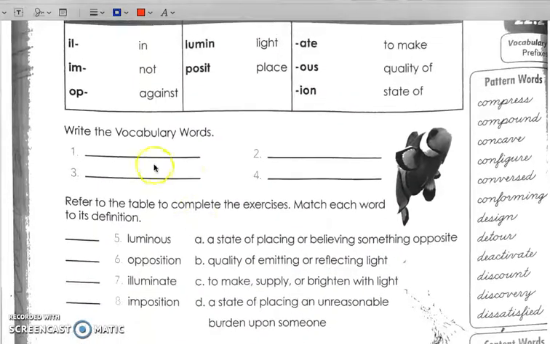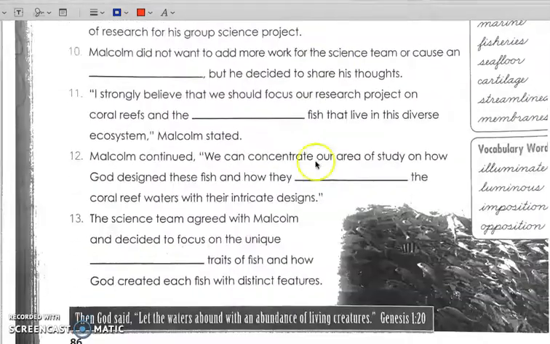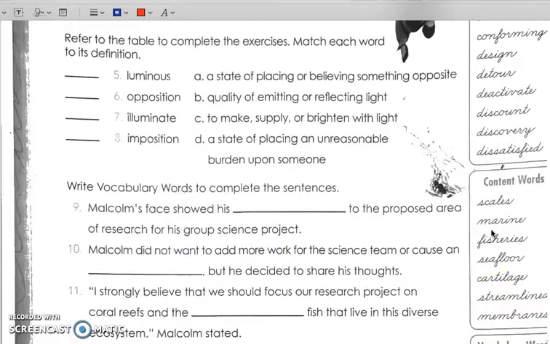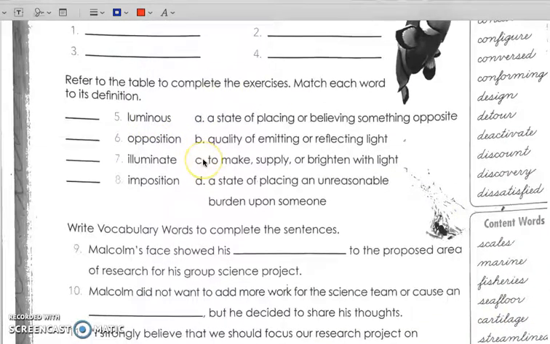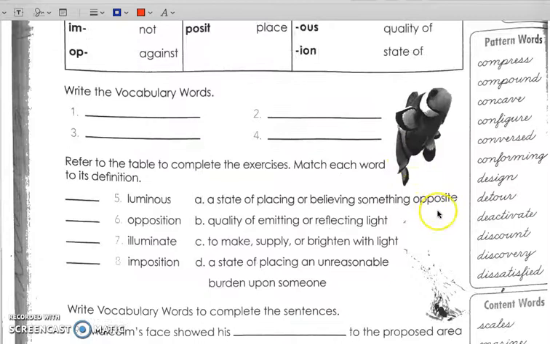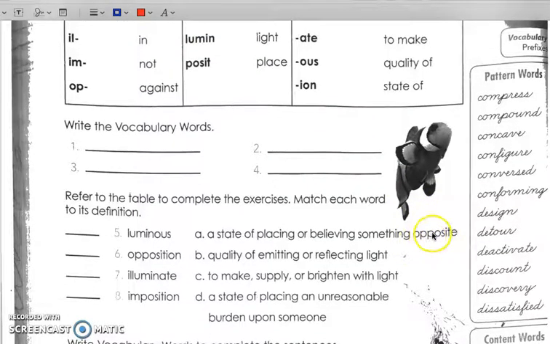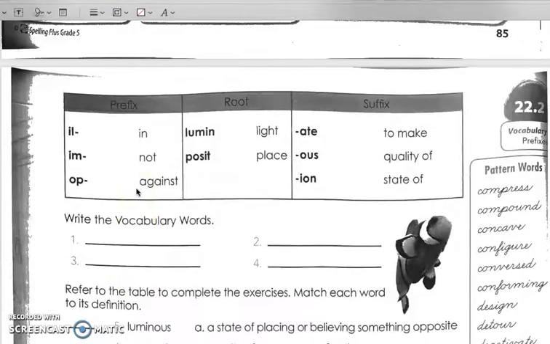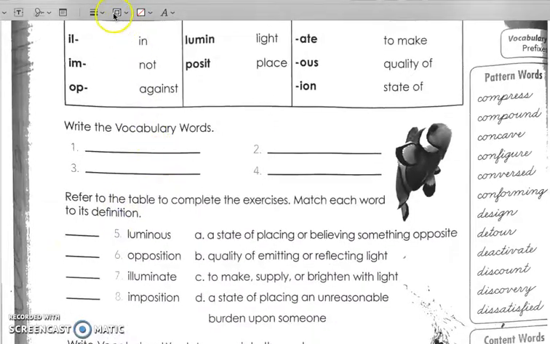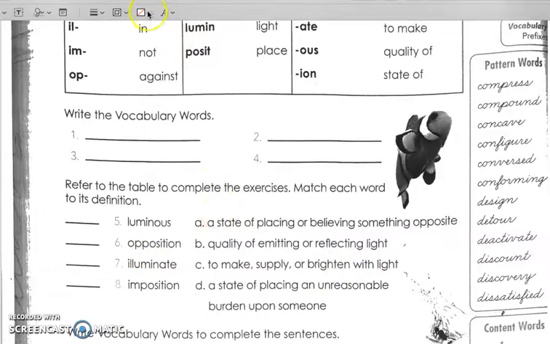Okay, vocabulary words. Again, I'm going to skip these because they're all so straightforward. Just got to write these words down. Let's see how you did with the definitions. Okay, so the definitions are a state of placing or believing something opposite. Right away, without even looking at the dictionary, we can tell that number 6 is going to be A, because we have opposition and opposite, meaning, for example, like in a debate, you will bring up an opposition, counter argument.